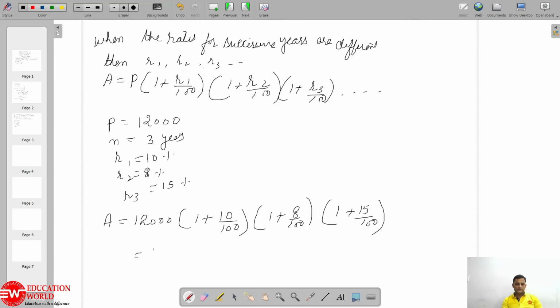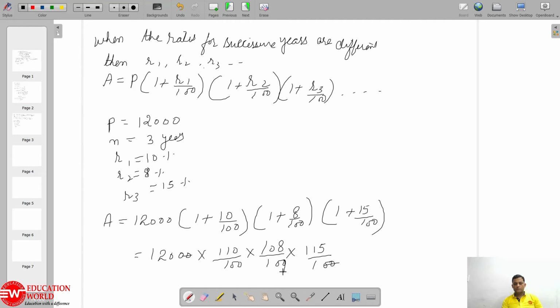So what we will get is 12,000 multiplied by 110/100. This will become 108/100 after taking the LCM. Just add and it will become 115/100. So you can do the cutting wherever it is necessary.